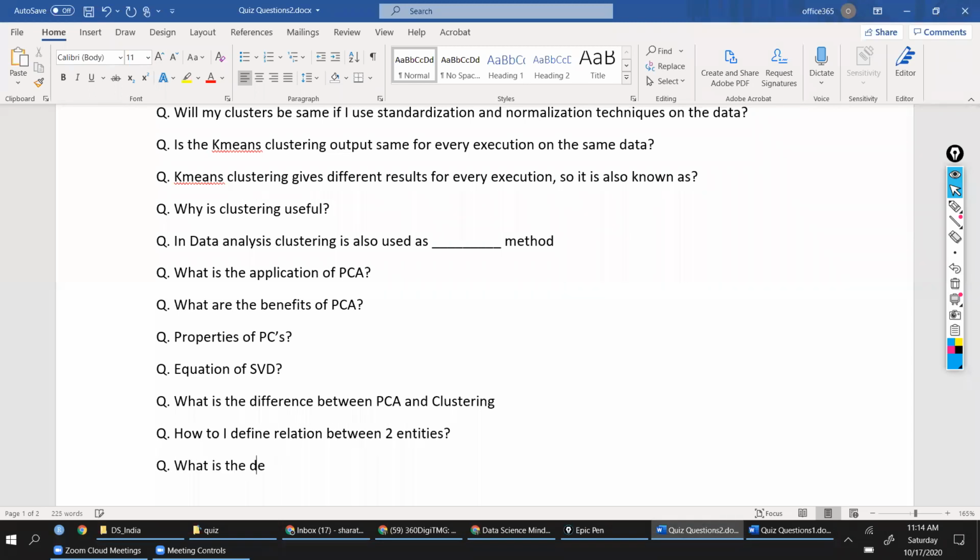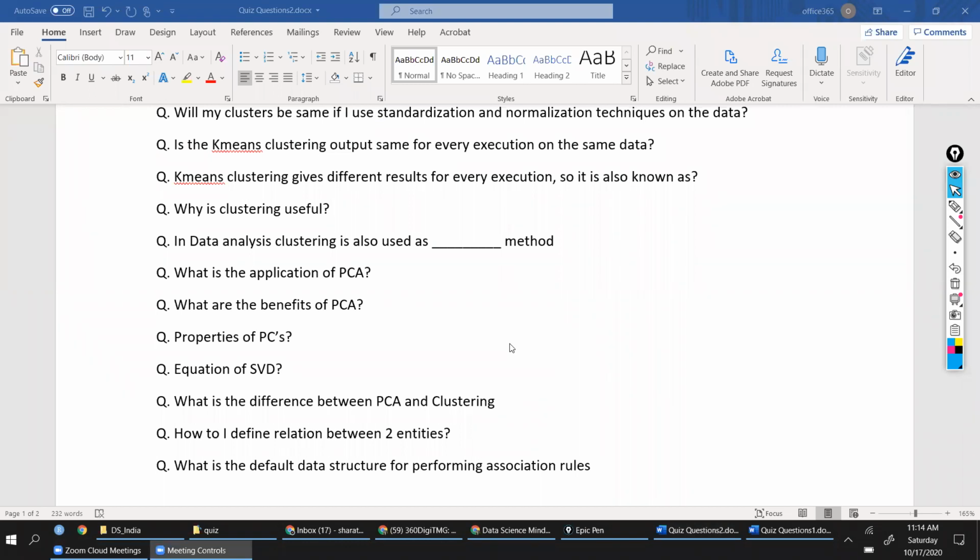What is the default data type for performing association rules? What will be the default data structure, I should say, that we collect for performing association rules? Matrix data, okay, but that's not the default.